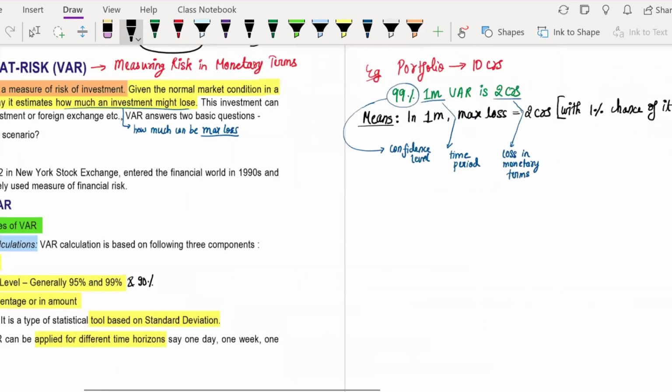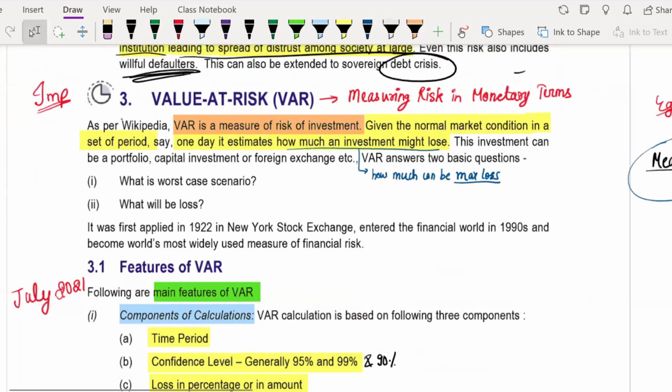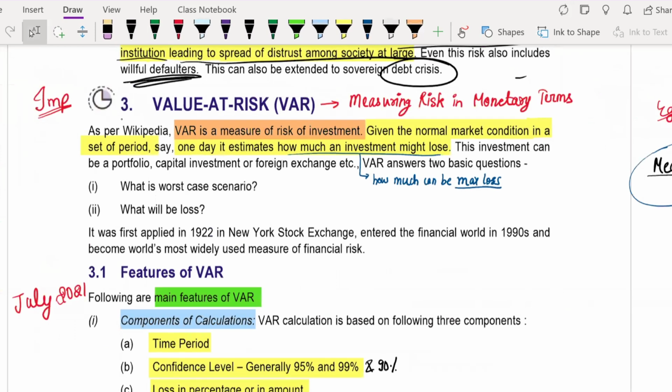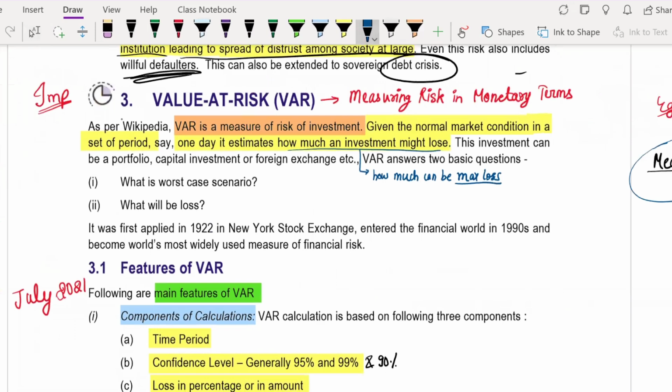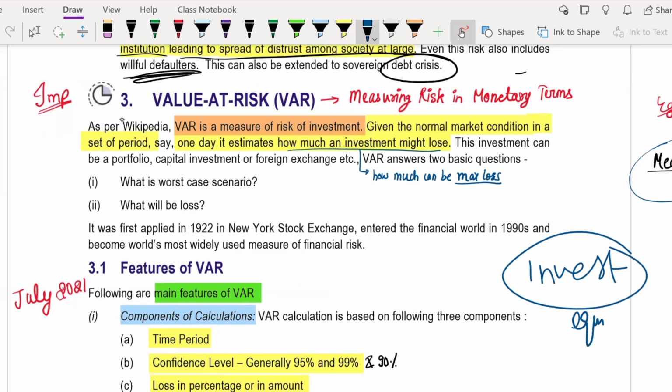So what is value at risk? Whenever you are going to invest your money somewhere, it will have a risk in itself. It is not always 100% safe. If you invest your money in equity, it is going to hold a risk. If your money is invested in mutual funds, it is going to hold a risk.